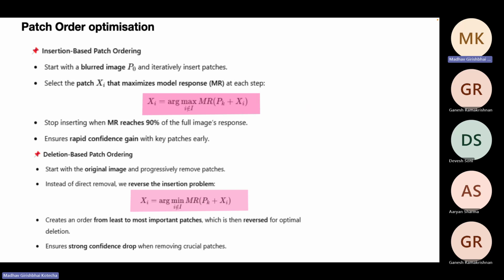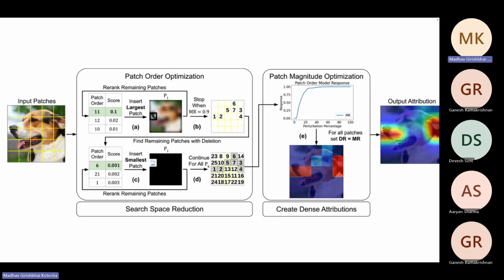Can you go back to the previous slides? What I'm saying is that implicitly they are trying to maximize the response. But one is growing from the empty side, the other is shrinking from the complete side.